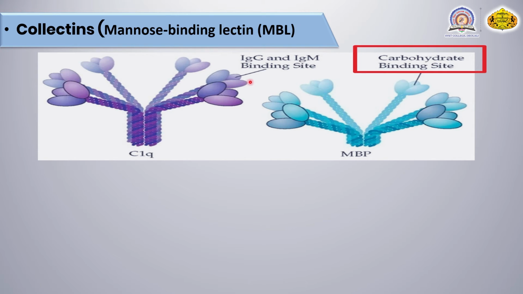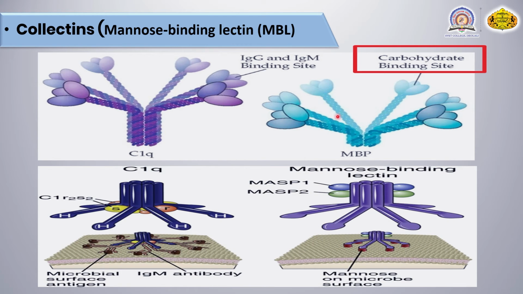That's why it is called the IgG and IgM binding site. And this is a mannose binding protein. This mannose binding protein has such a structure with arms on it. And in this other picture, this is C1Q, the upper one here.